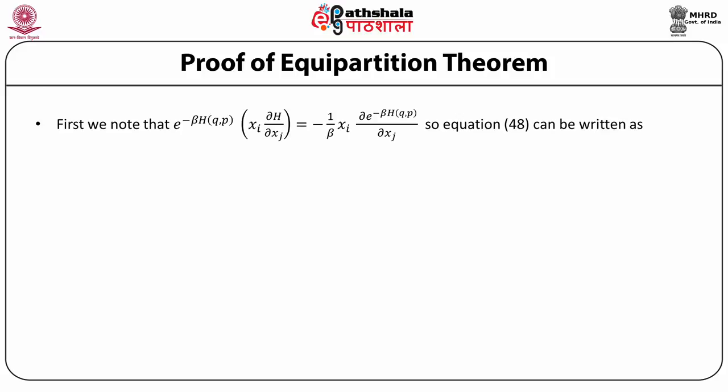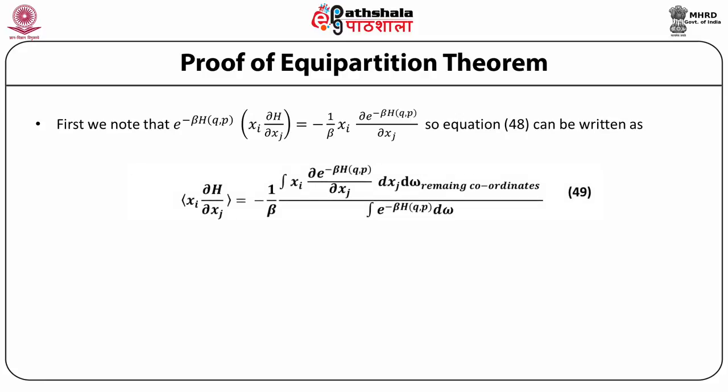So equation 48 can be written as the mean value of x_i partial derivative of H with respect to x_j equal to minus 1 upon beta integral of x_i multiplied by the partial derivative of e raised to the power minus beta H(q,p) with respect to x_j dx_j multiplied by d omega over the remaining coordinates, divided by e raised to the power minus beta H(q,p) over omega.